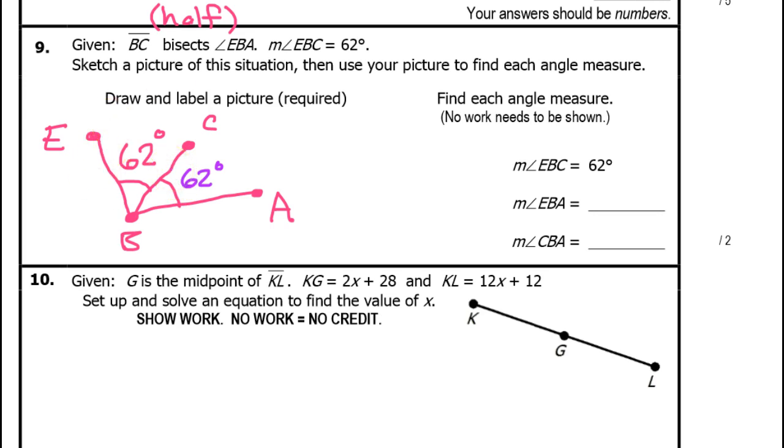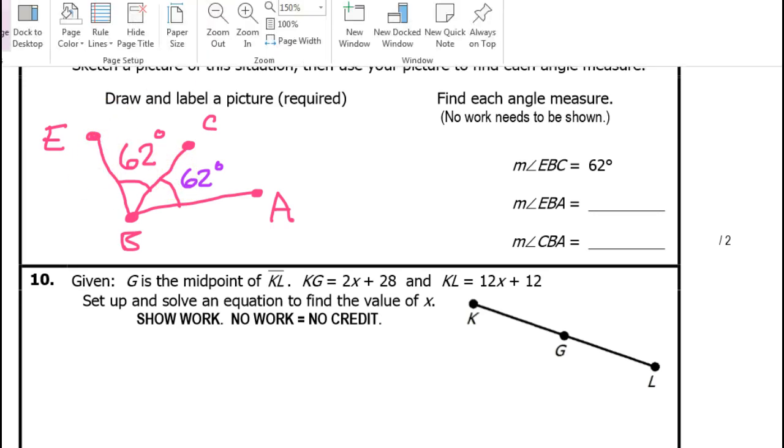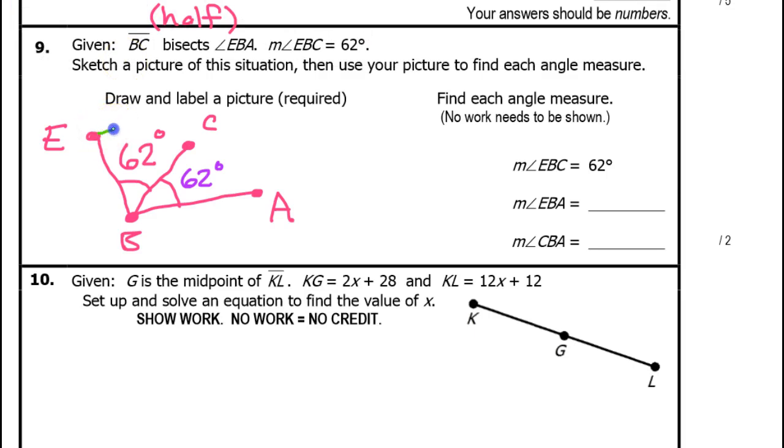That also means that if they were to ask me for the measure of angle EBA, the big angle, that would just be 62 plus 62. So that would be 124 degrees if they asked me for that.